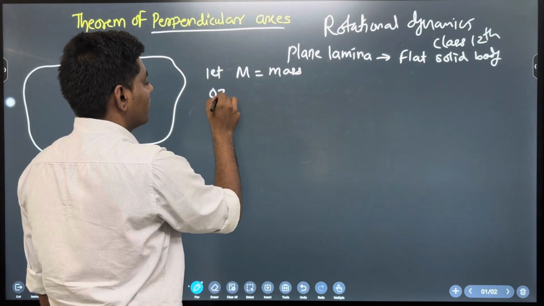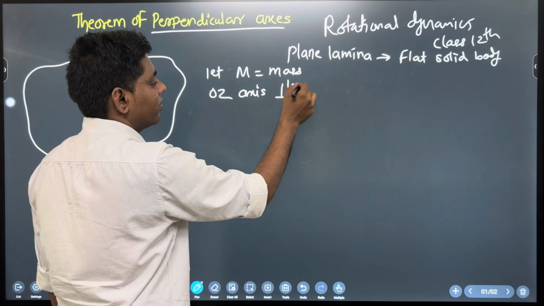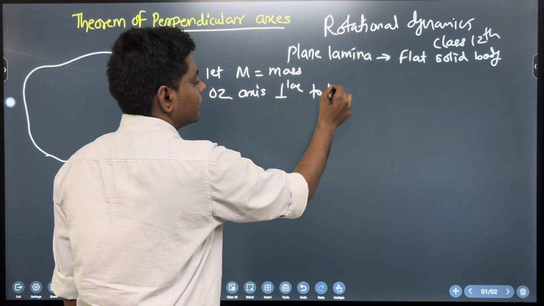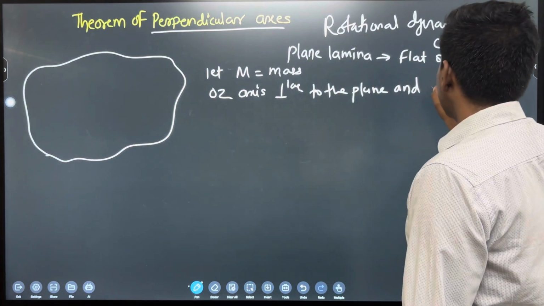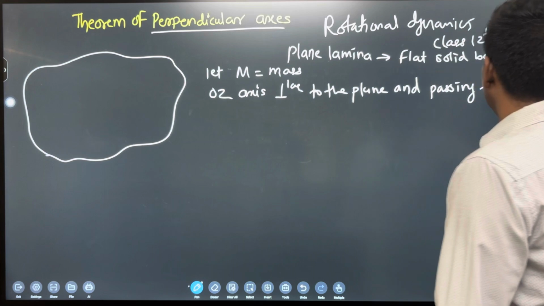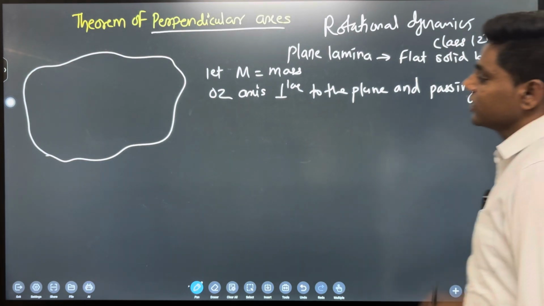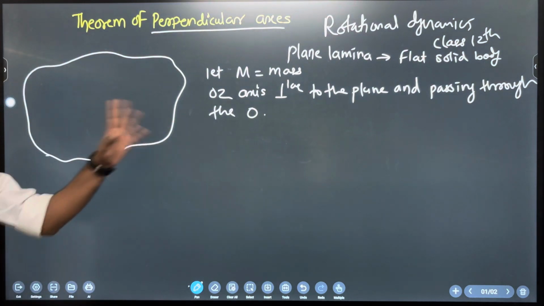Then we draw the OZ axis. That axis is perpendicular to the plane and passing through the point O. Very important statement.